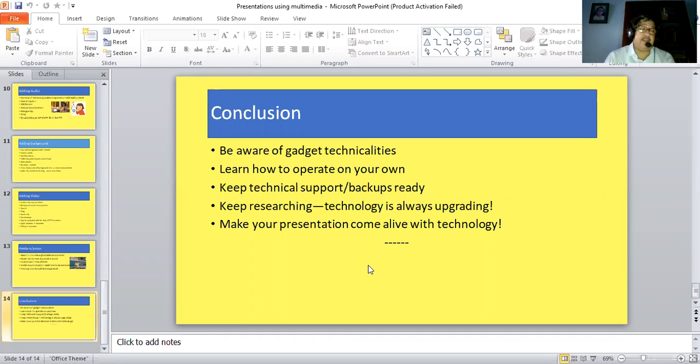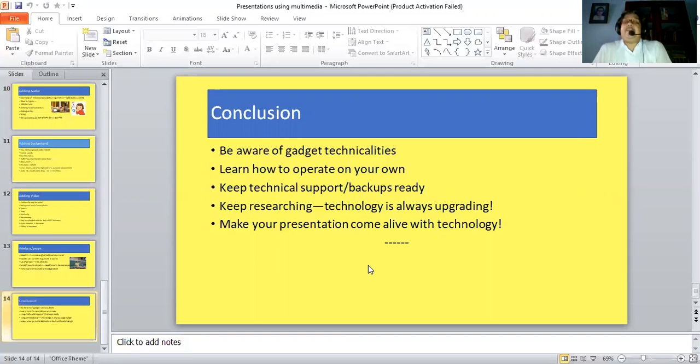You need to use it beforehand. You need to be aware of the technicalities of the various gadgets and devices which you are operating, so that you can operate them on your own. So you have to learn how to operate them yourselves. You have to be self-sufficient and self-dependent as far as possible.